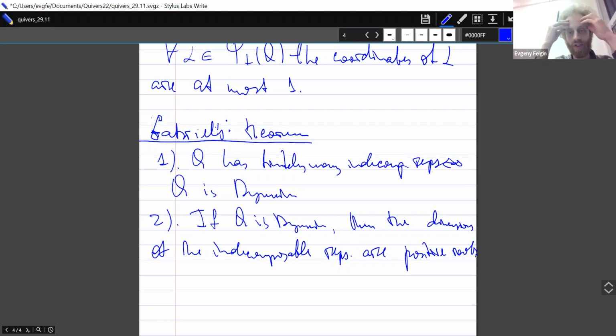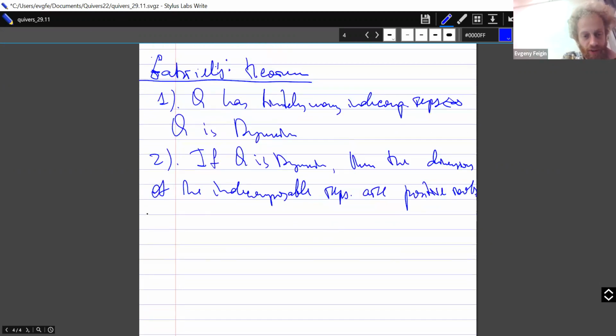So remember, for example, in type A, if you have equioriented type A, then all indecomposable representations are kind of segments. You start somewhere, take all one-dimensionals, and stop someplace. And the roots are also of this form: 1, 1, 1, 1, starting from somewhere and up to somewhere. Okay.